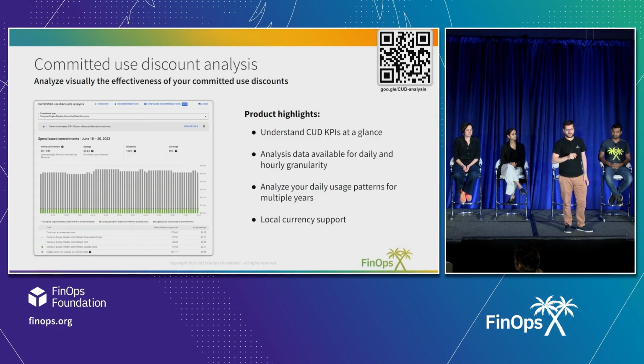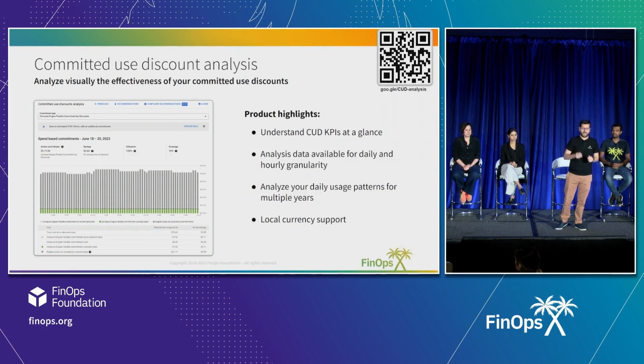Committed use discount analysis has a graphical view where you can see not daily averages of your usage, and this tool can help you go over very long periods of time, so you can see patterns. This is not 30 days or 60 days. We can go over 2 years of data, and you see those patterns to help you make the right decision.